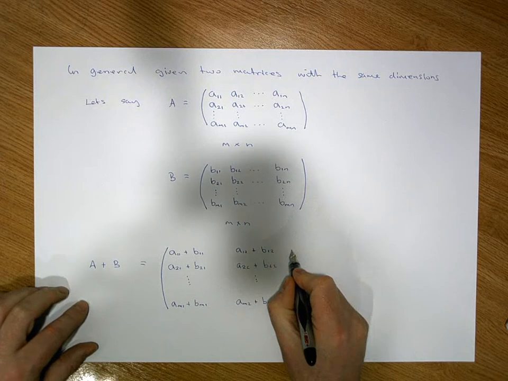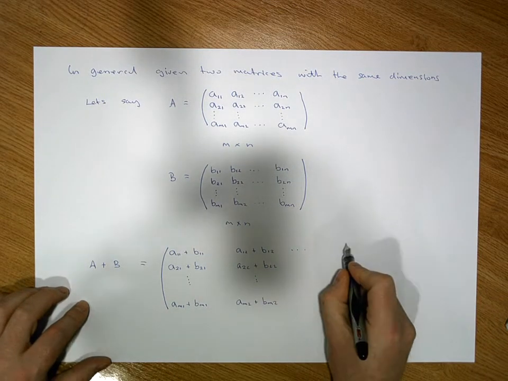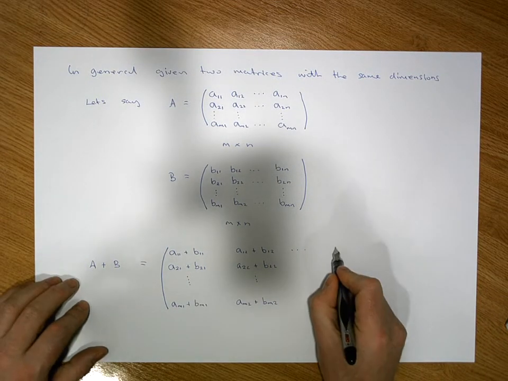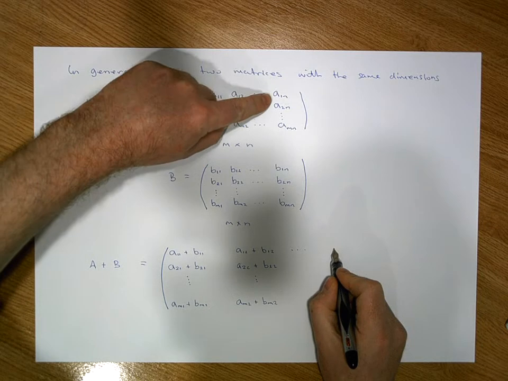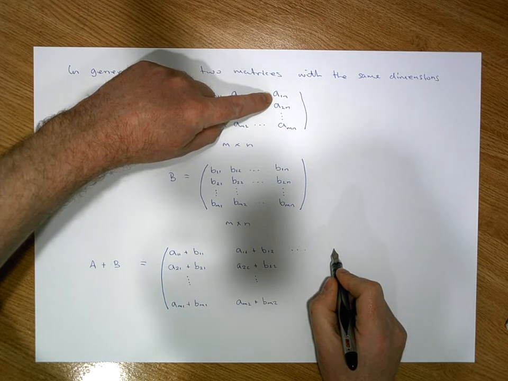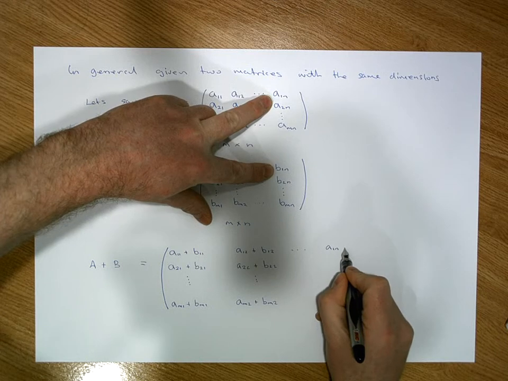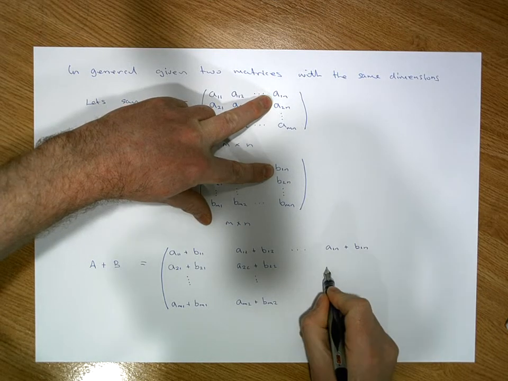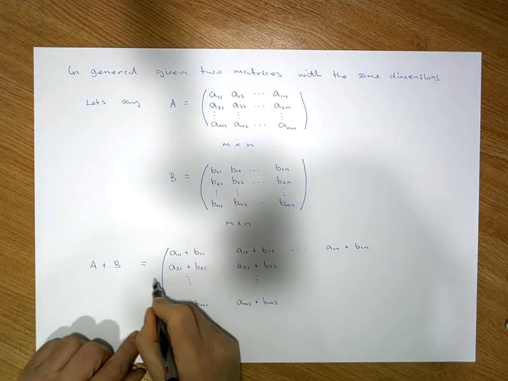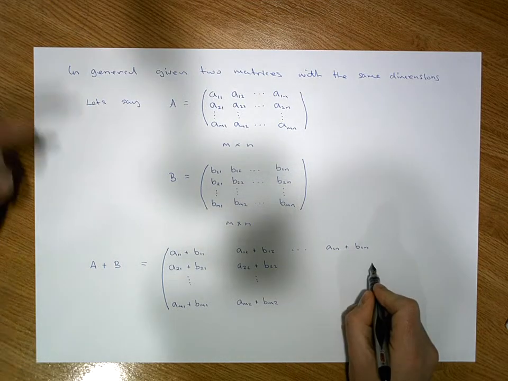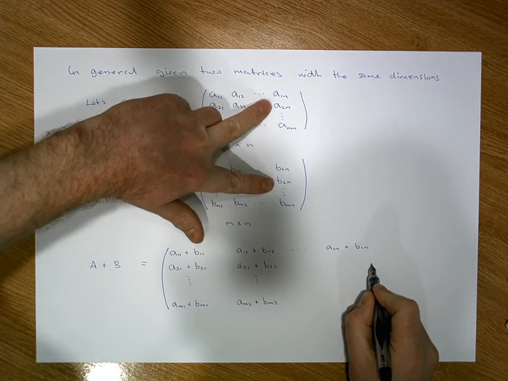And moving across, the nth column's entry on the first row is going to be the sum of the nth column entries on the first row of both matrices. So it's going to be A1n plus B1n. The next entry on the second row in the nth column is going to be the sum of the two entries on the second row, nth column.